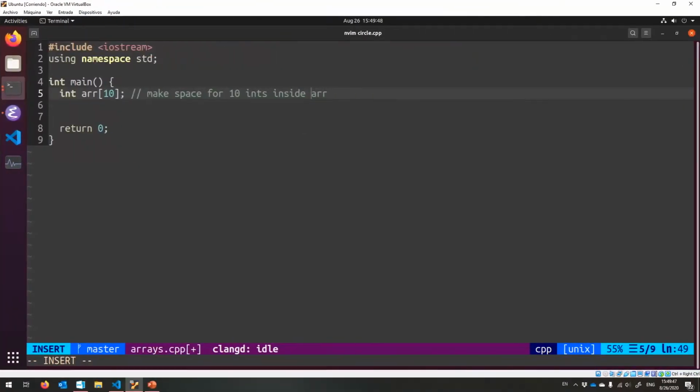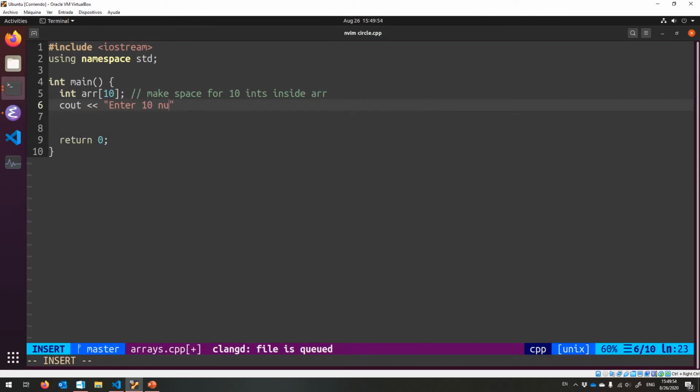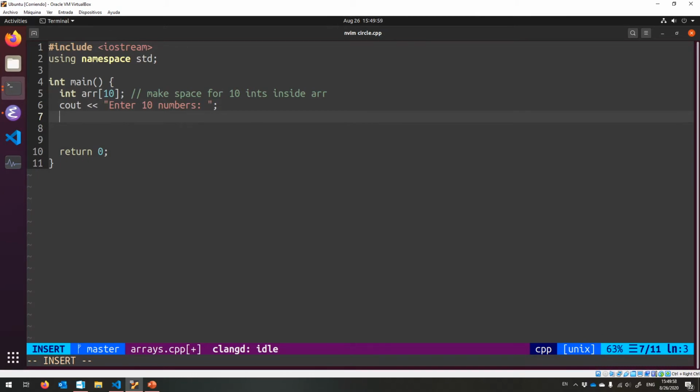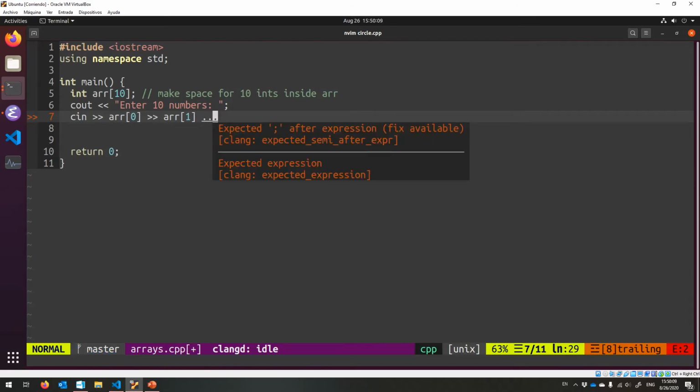Okay? I can say, enter 10 numbers, please. And then I can get all 10. I can say cin into index 0, then into index 1, and so on, but this is a prime candidate for a loop.